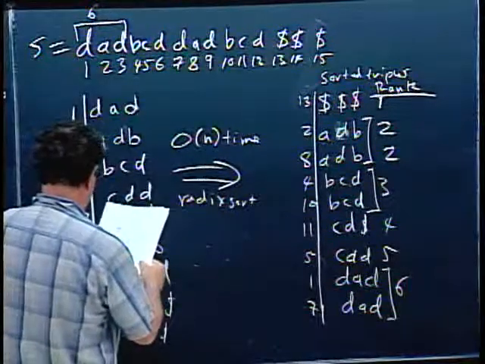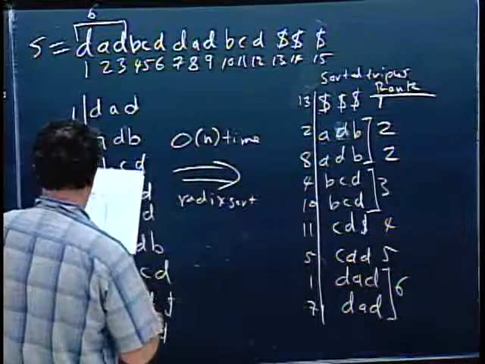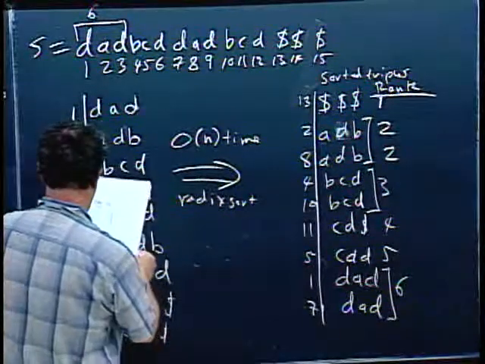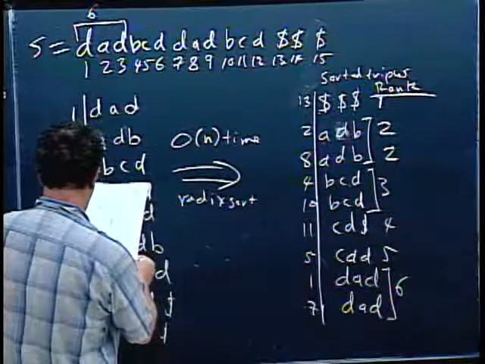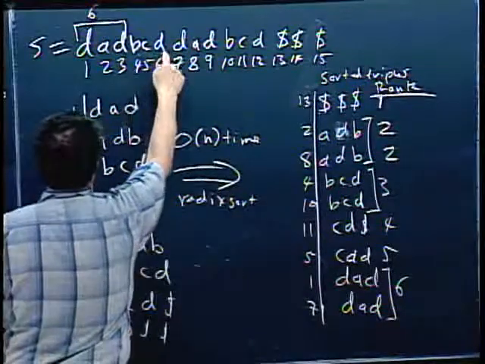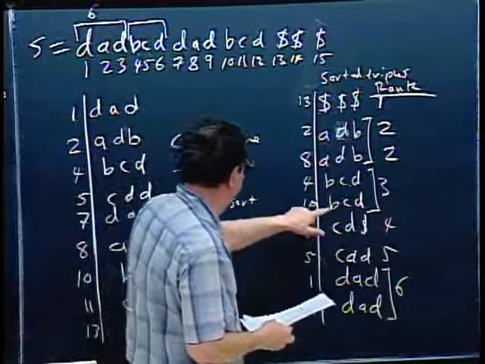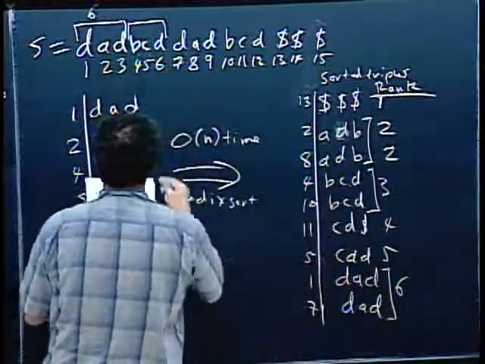So that would be rank 6, and the next one is BCD. BCD is rank 3.